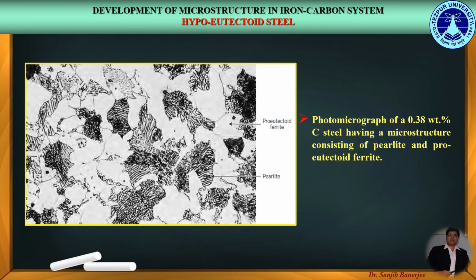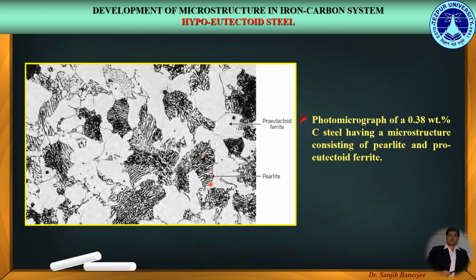Here, in this photomicrograph, we get to see the final microstructure for hypoeutectoid steel. Here, the darker regions are pearlite, which are the lamellar layers of ferrite plus cementite.